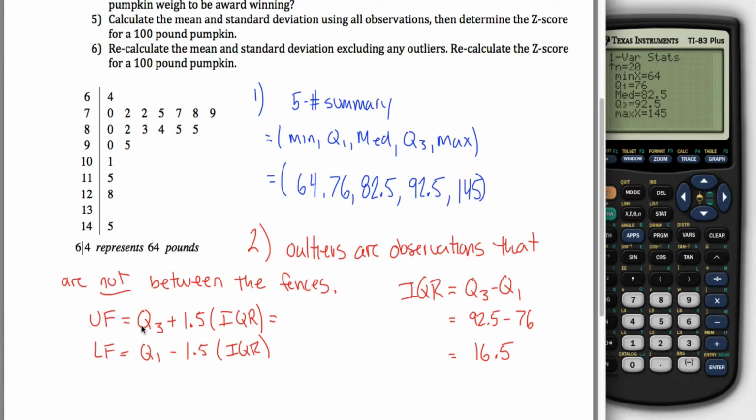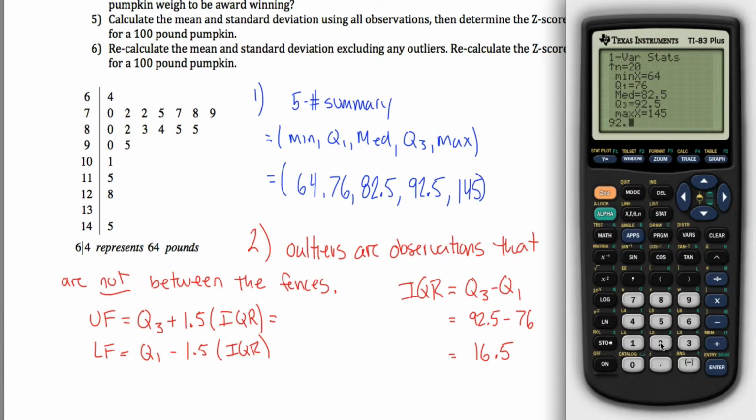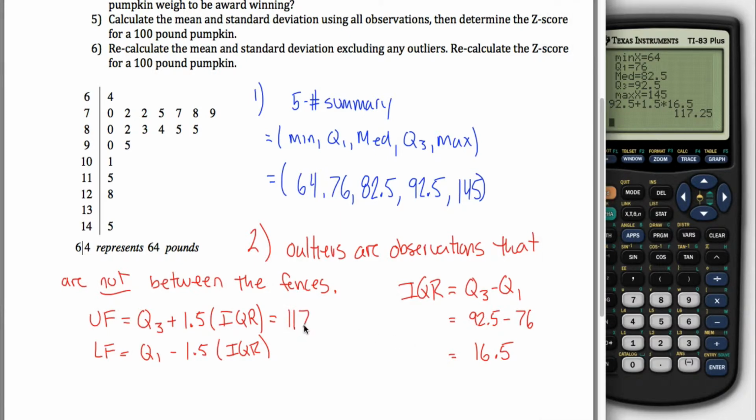My upper fence is Q3, which is 92.5, plus 1.5 times my interquartile range, which is 16.5. 92.5 plus 1.5 times 16.5. My order of operations, I'll do this multiplication first and then addition, so I don't need to worry about parentheses or anything. I hit enter, and I get that my upper fence is 117.25.